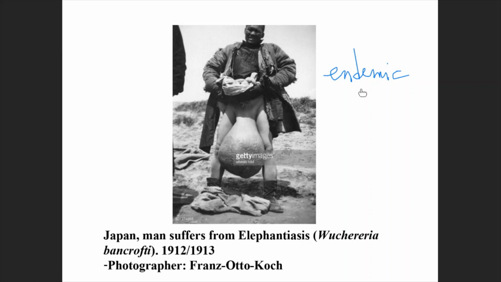So endemic means a certain number of cases per year. You can say influenza, or flu, is endemic to the US, but each year you may have, say, 1.2 million cases.